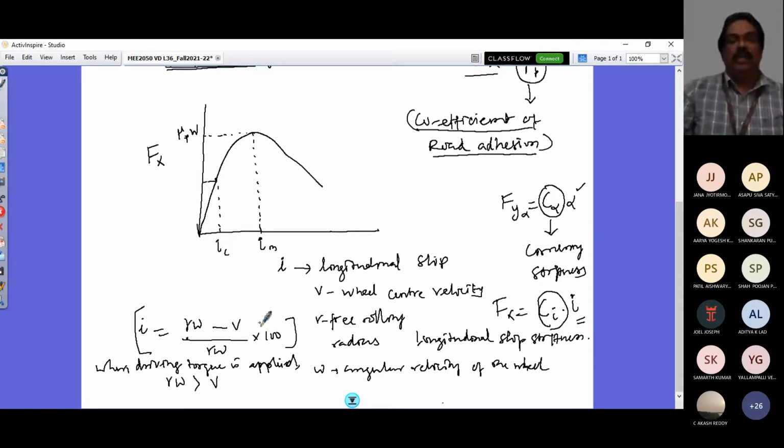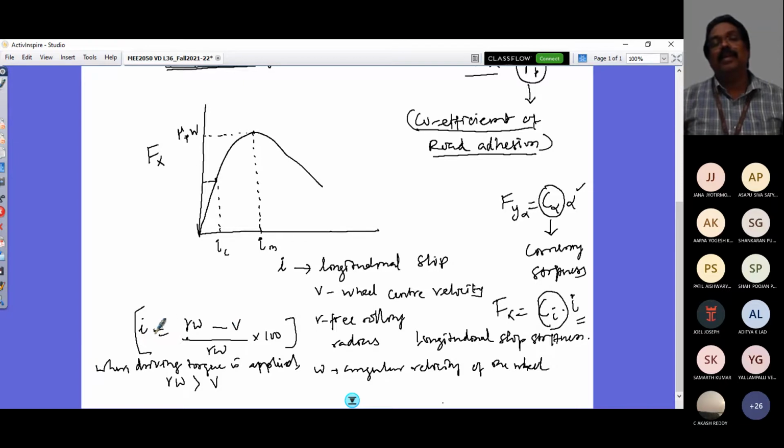Okay, so now once this force is developed because of mu_p times W acting on the vehicle as the net load, your mu value developed goes to this maximum value. But once it reaches the maximum value, what will happen? The slip cannot happen continuously.